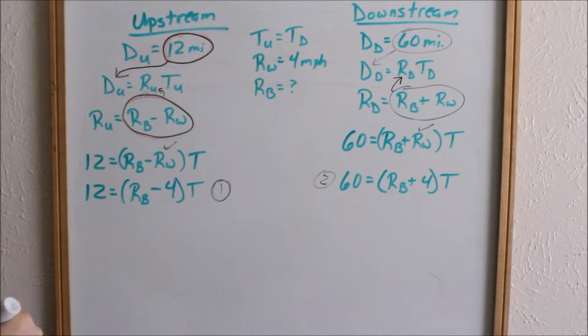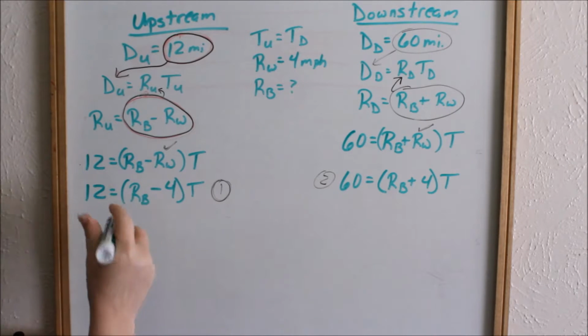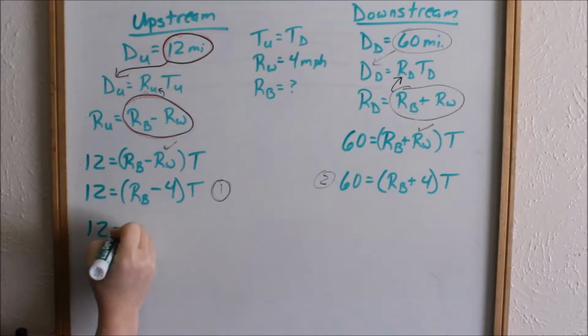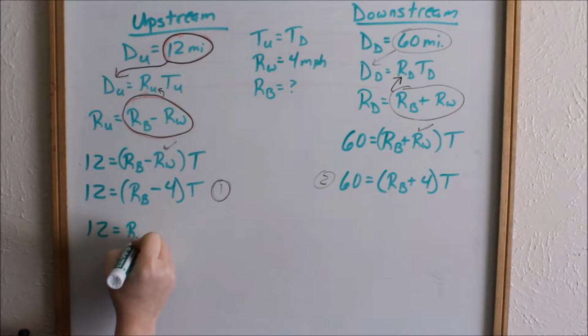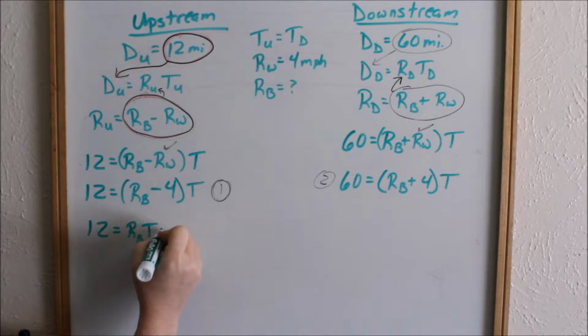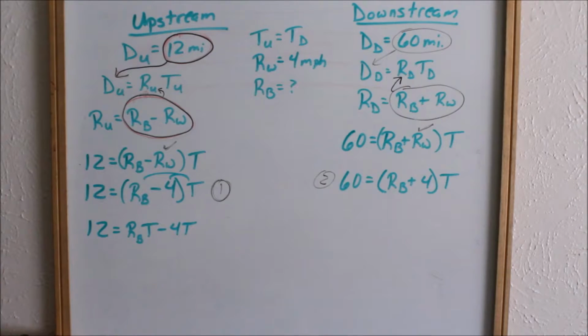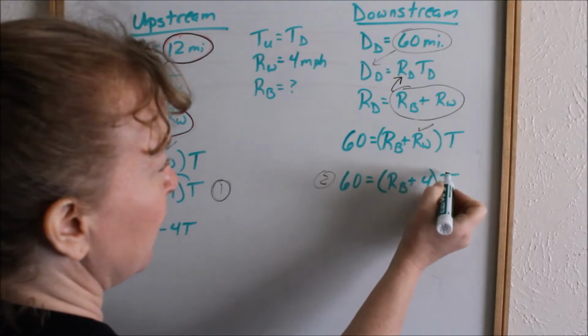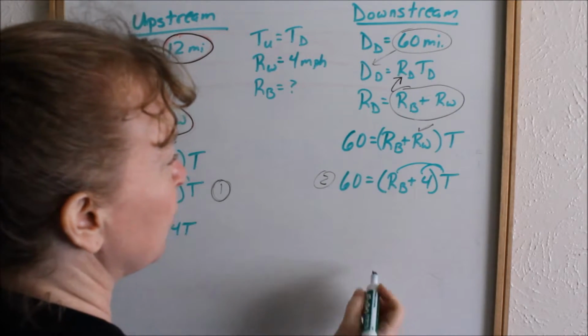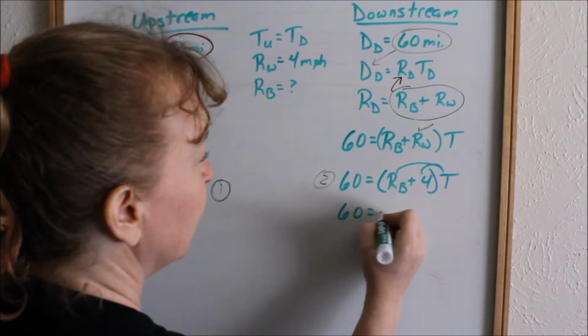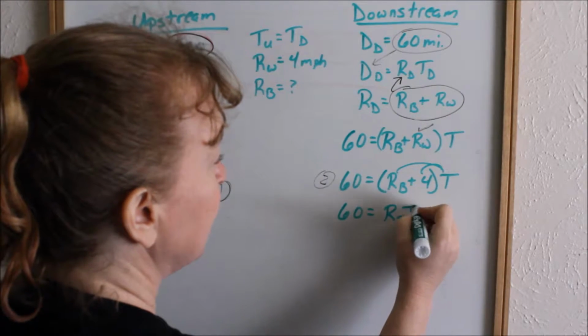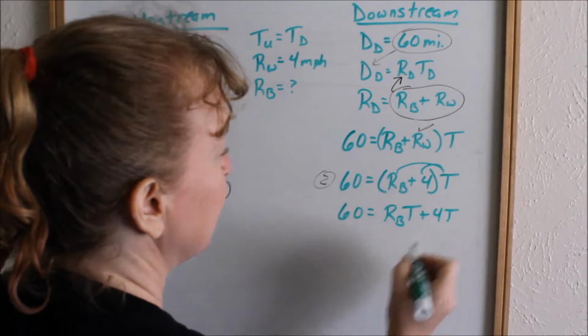How I'm going to do that is distribute this T. So I'm going to call this R, rate of the boat, T minus 4T. All I'm doing is distributing that T. I'll come over here and do the same thing with this equation, distributing that T, so we have RBT plus 4T.